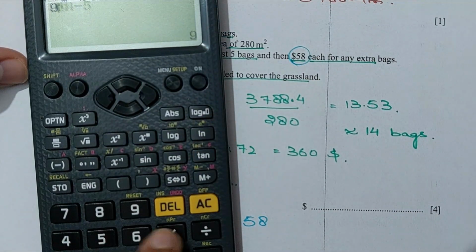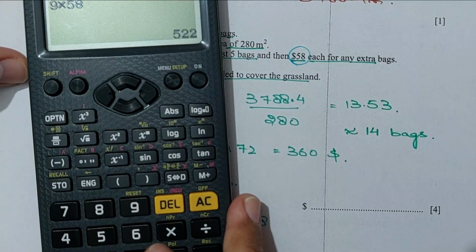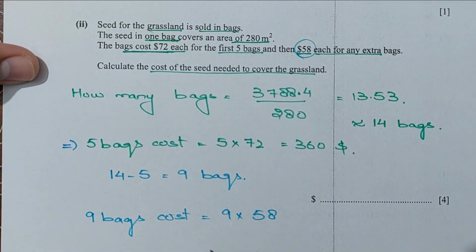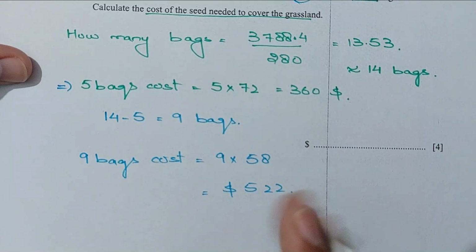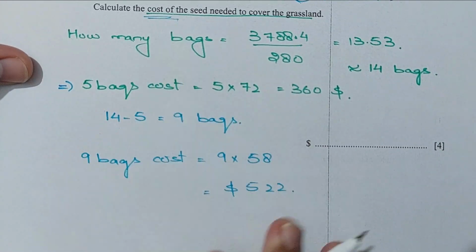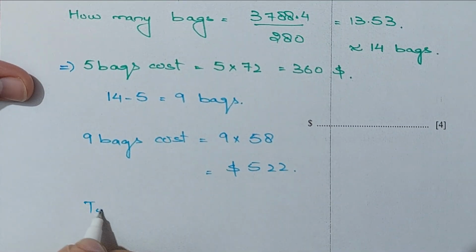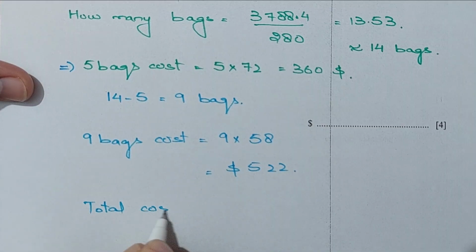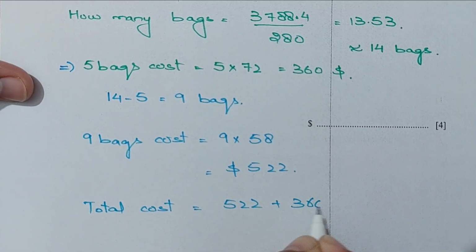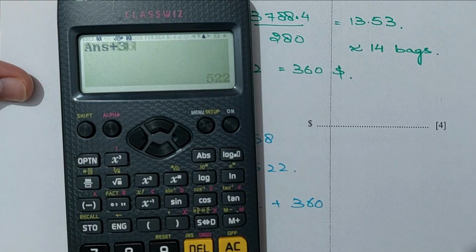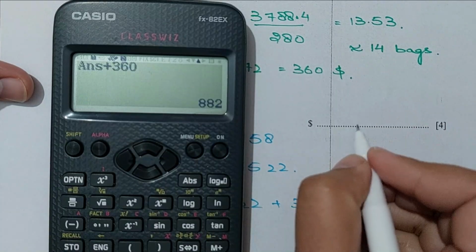Okay, 9 times 58 is $522. Now we have to find the total cost to cover the grassland. So we can say the total cost is the sum of 522 and 360. 522 plus 360 would be $882.